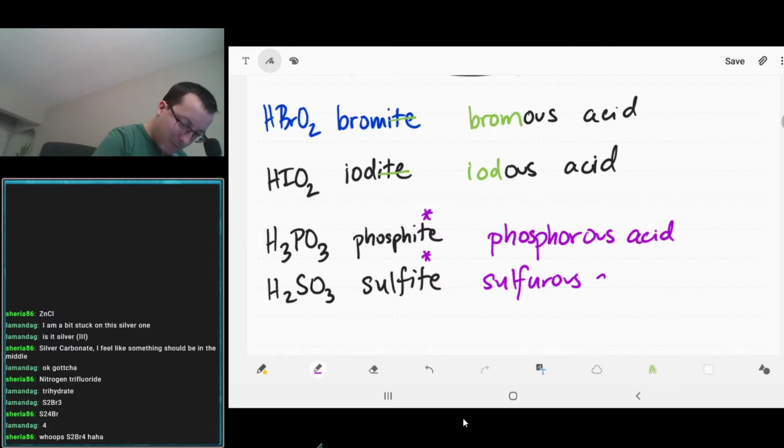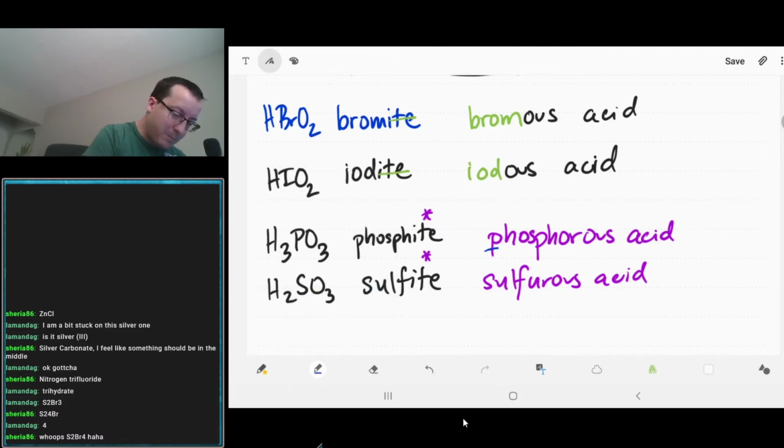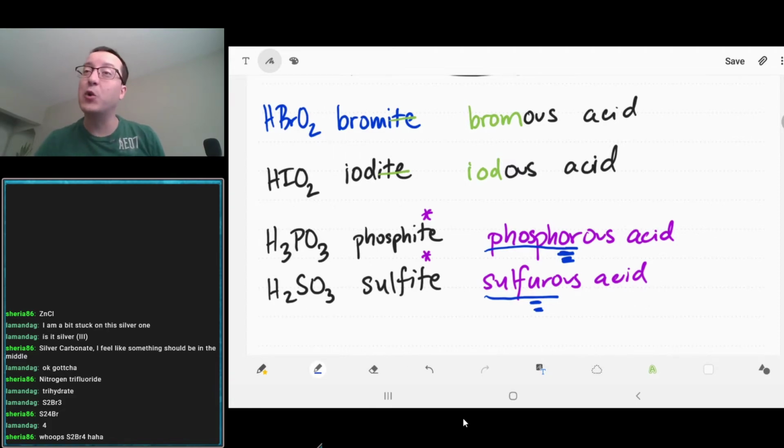Phosphorus and sulfur are just special. Instead of just taking phosphous acid or sulfous acid, they keep one more syllable. Again, I'm not quite sure why it's the way it is, but just notice we keep this extra bit on it. So phosphorous acid instead of phosphous acid, hypophosphorous acid. You'll always keep them with phosphorus and sulfur.